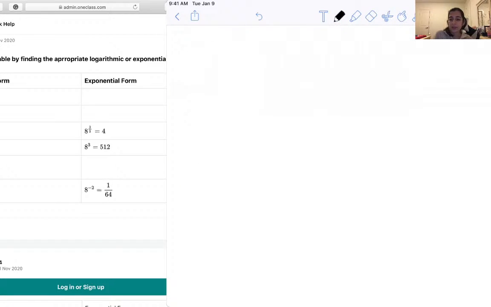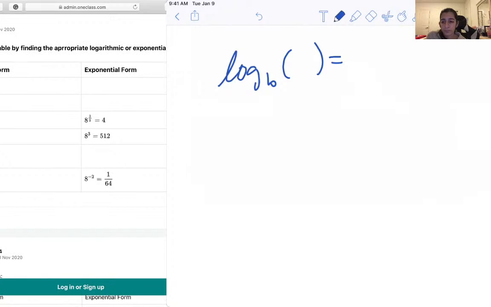So one thing that we have to remember is log, I'll put it in blue, log base A is equal, right here.